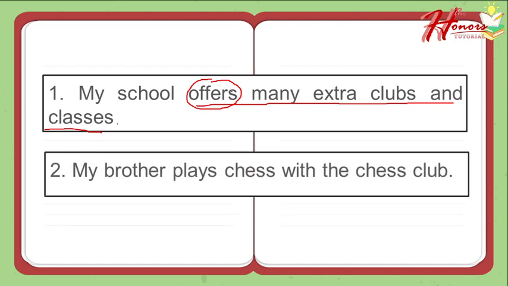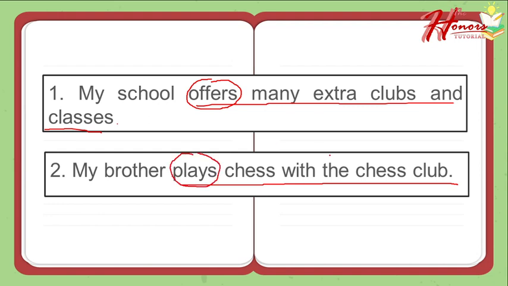Number 2. My brother plays chess with the chess club. Again, let's identify where is the complete predicate in the sentence. Very good. The correct answer is plays chess with the chess club. So now, where is the simple predicate, the main verb? Very good.